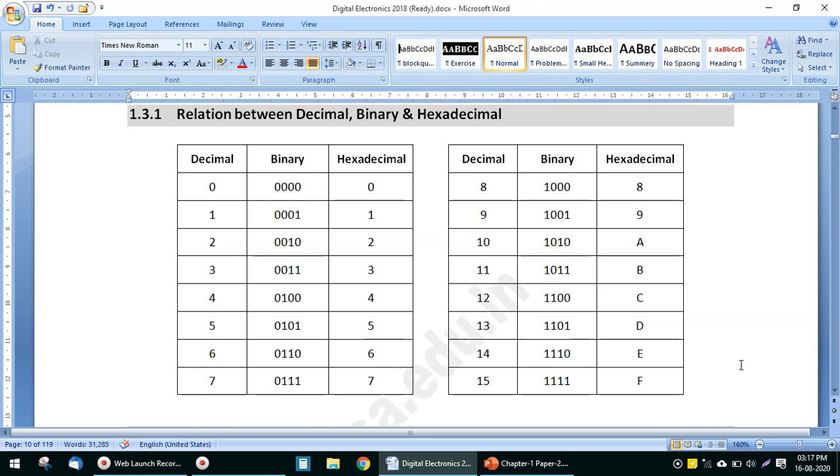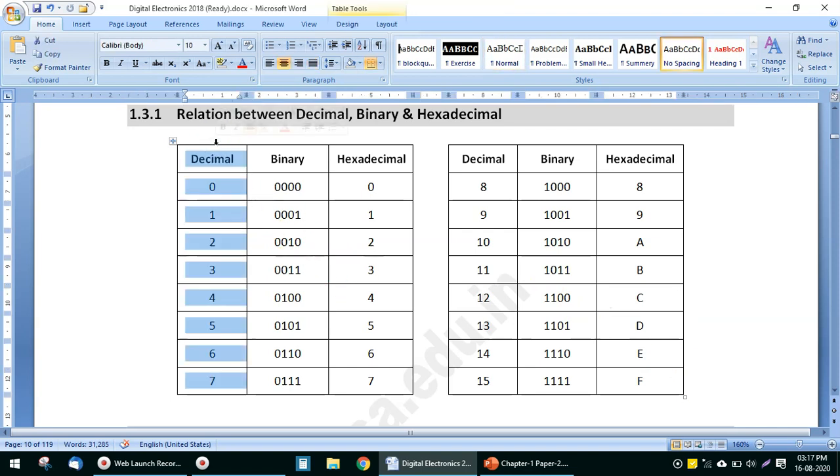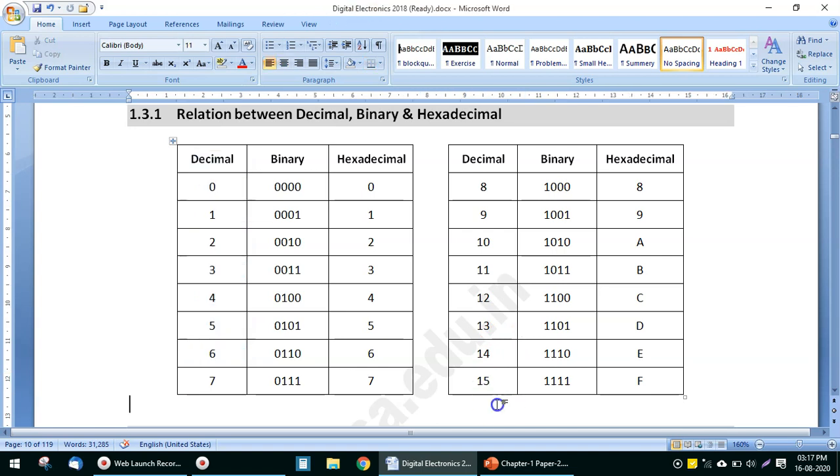So here the decimal values are given: decimal 0, 1, 2, 3, 4, 5, 6, 7, 8, 9, 10, 11, 12, 13, 14 and 15. For these, the binary number is given in 4 bits. For decimal 0 the binary value will be 0000.